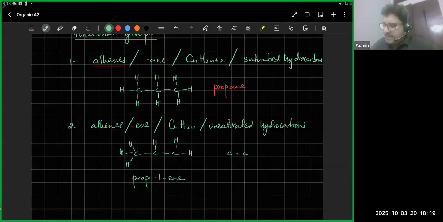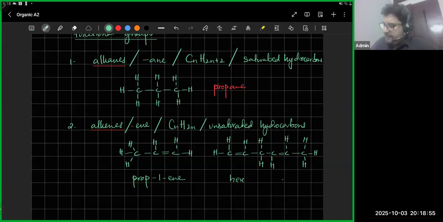Some molecules will have more than one double bond. So if you have a molecule like this one, it will have two H's. This one has 6 carbon atoms, so its name should be hex.